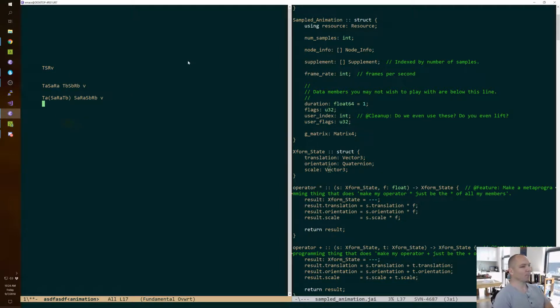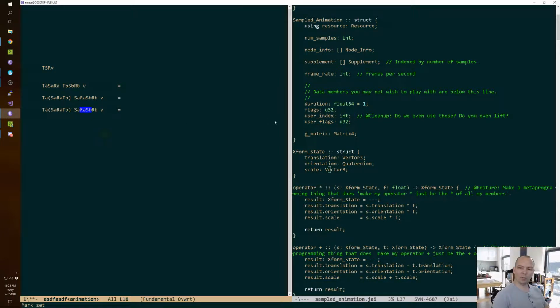Okay, so let's put some equal signs so that we can pretend we're doing math. So that's equal to this. Well, we want to turn this into the following thing. We basically want to swap the order of this scale and this rotation here.